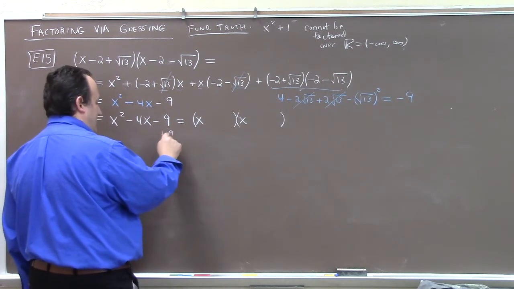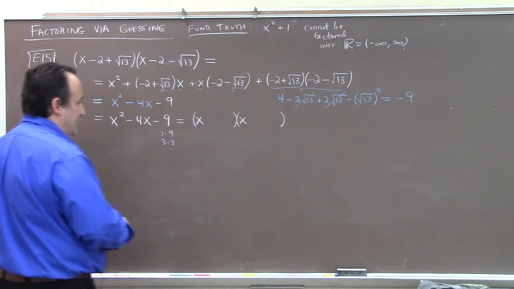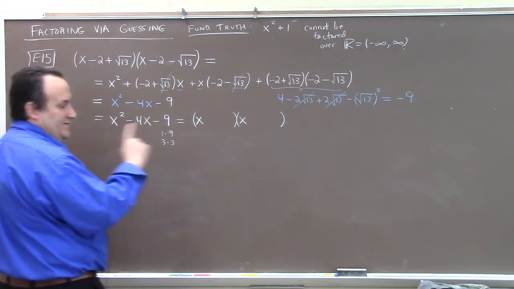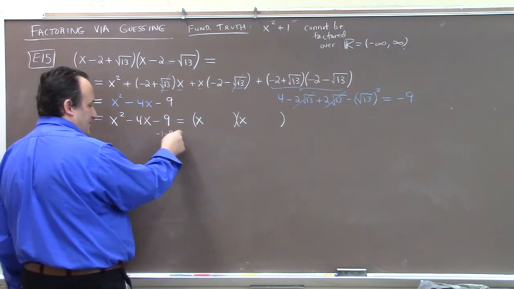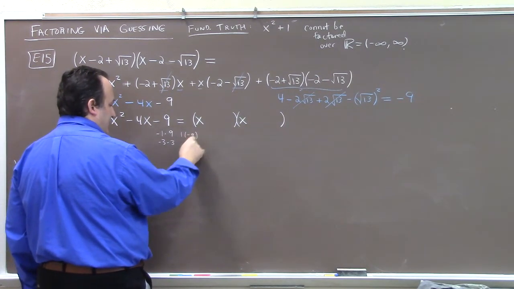Yeah, 1 and 9 and 3 and 3. Exactly. But they have to be minuses, like minus 1 and 9, or minus 3 and 3, or 1 and minus 9, right?